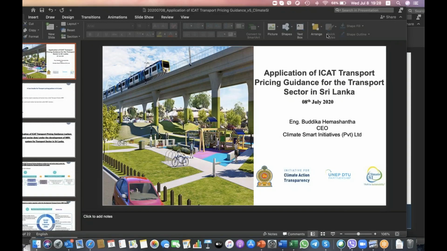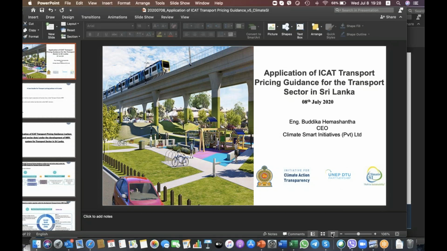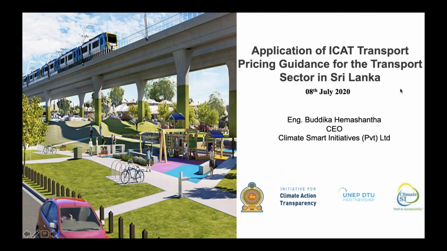So next up we have, as it's loading, Buddika, who's from ClimateSI and who is also contributing his insight and expertise from the MRV standards in Sri Lanka, and he's going to present on how they established a national MRV system in Sri Lanka. So, Buddika, thank you for joining us as well.